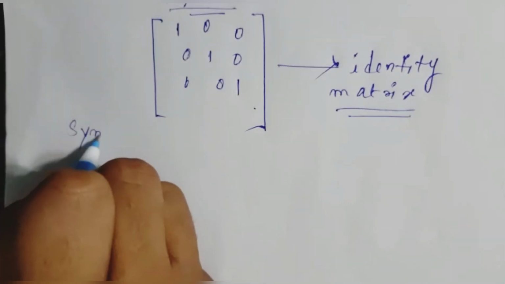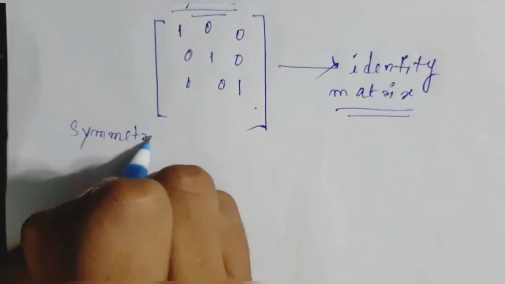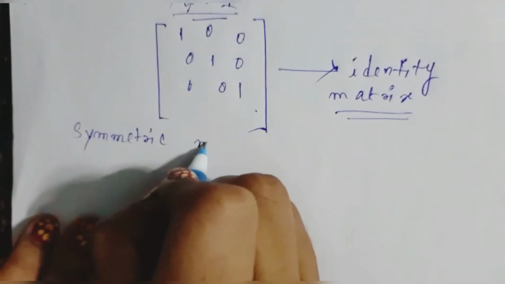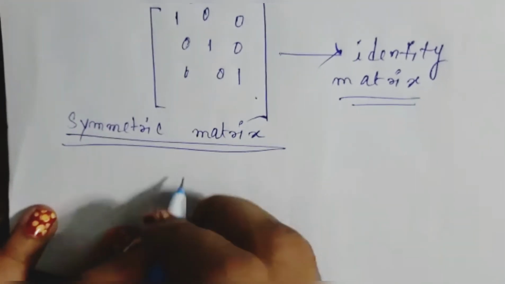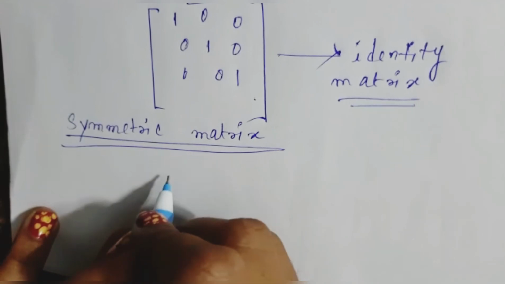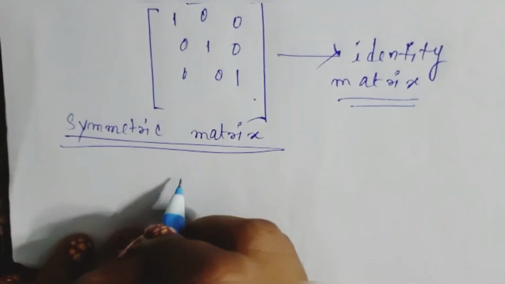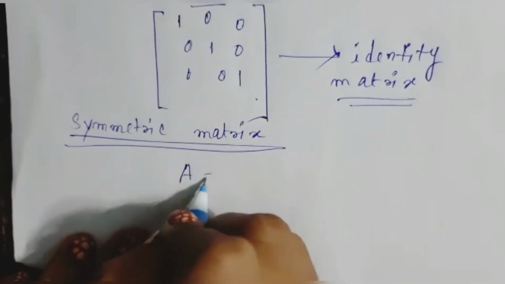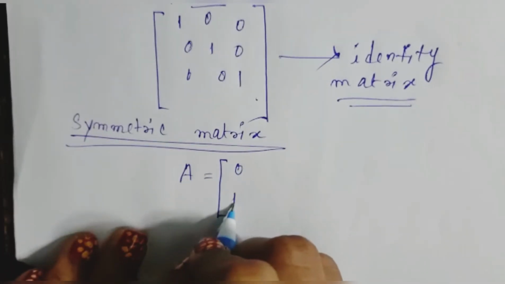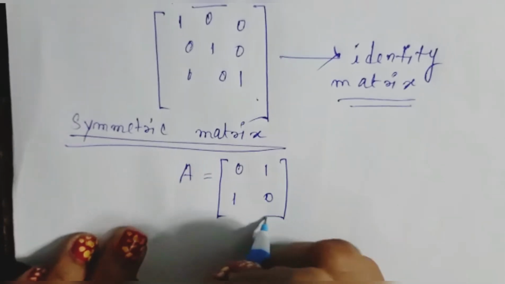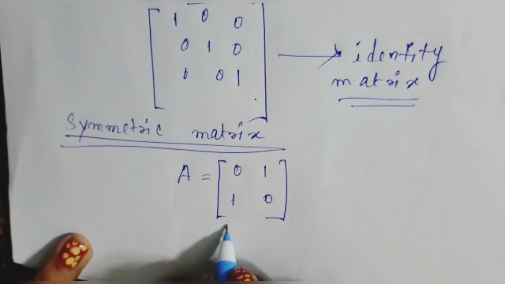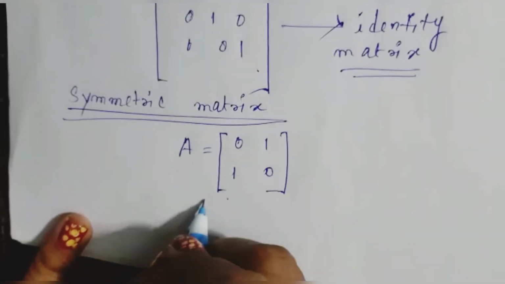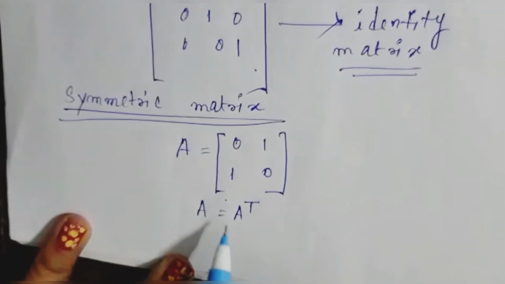one more is there, it is the symmetric matrix. What does a symmetric matrix say? Suppose you have a square matrix. Okay, suppose you have A equals 0 1 1 0. Now this square matrix is going to be equal to its transpose.